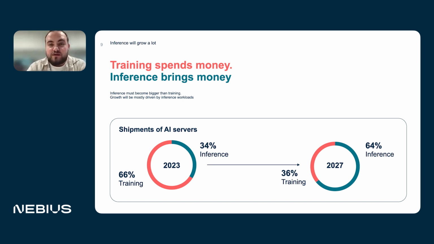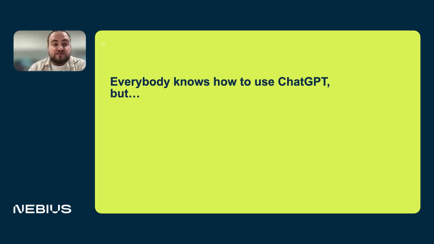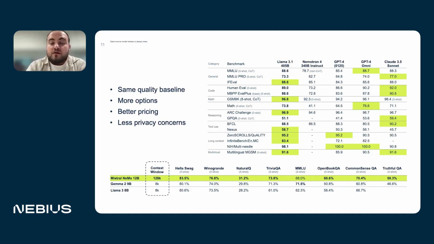And if you are here with us on this webinar, you're probably going down the right path, because there's going to be a big market here soon. When we're talking about inference, I believe everybody knows how to use ChatGPT and uses it within their applications. But also, as I said, when a new model is released, it's always big news. And why? There are a couple of answers.